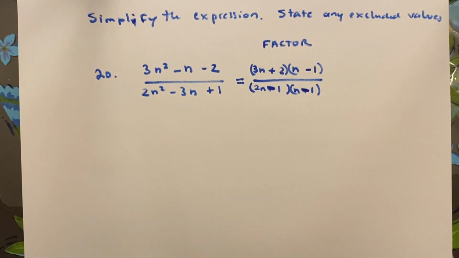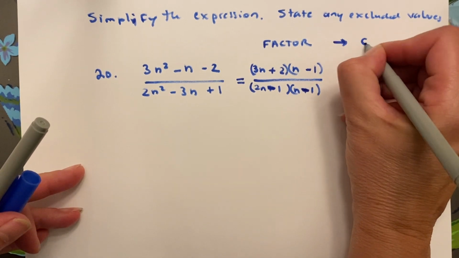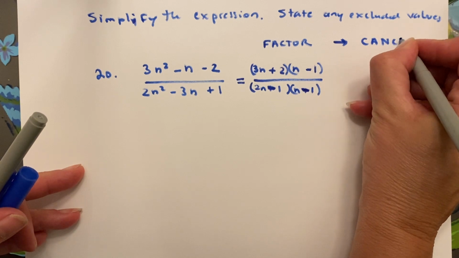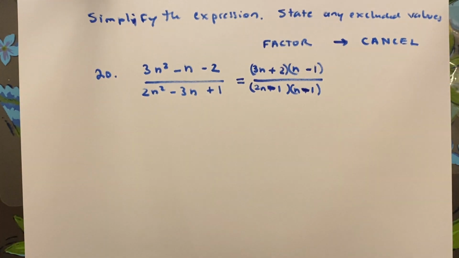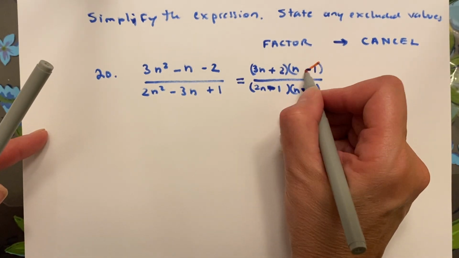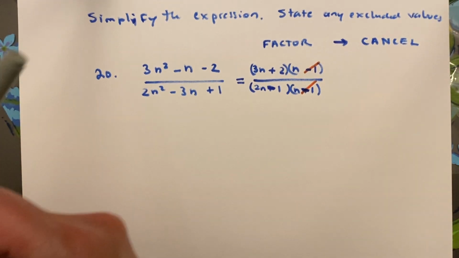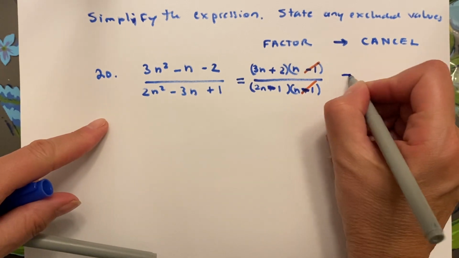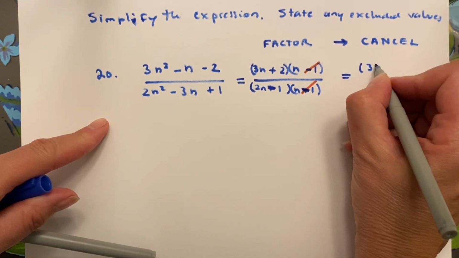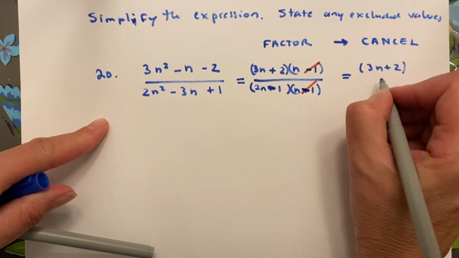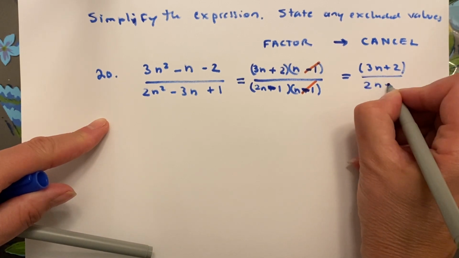Okay, so now that I've done that, I've factored both, and my next step is to do any canceling that I can. Well, I can cancel n minus 1 and n minus 1. And once I've canceled, I'm left with 3n plus 2 over 2n minus 1.